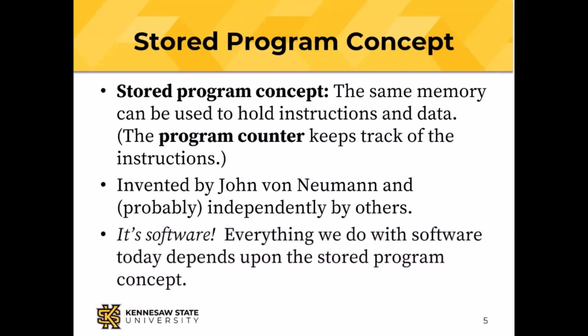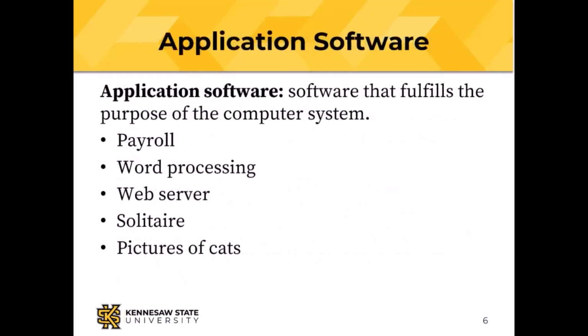Okay, everything we do today with software depends on that stored program concept. We load software into the computer, and the computer does what the software says. So application software is software that fulfills the purpose of the computer. We almost never spend money to buy a computer to run Windows 11.